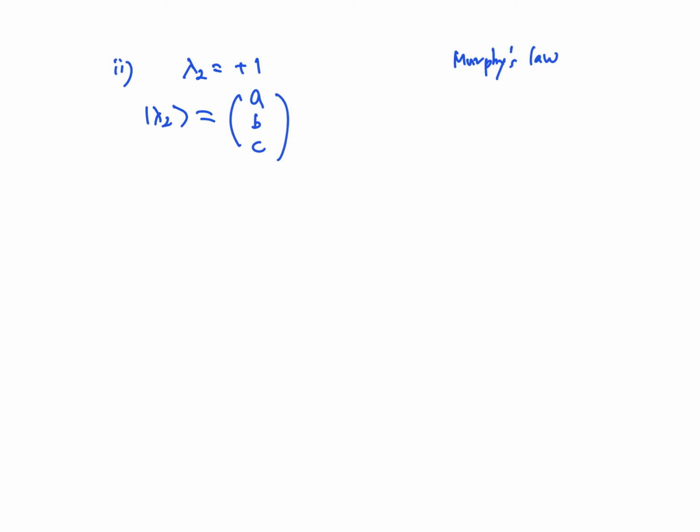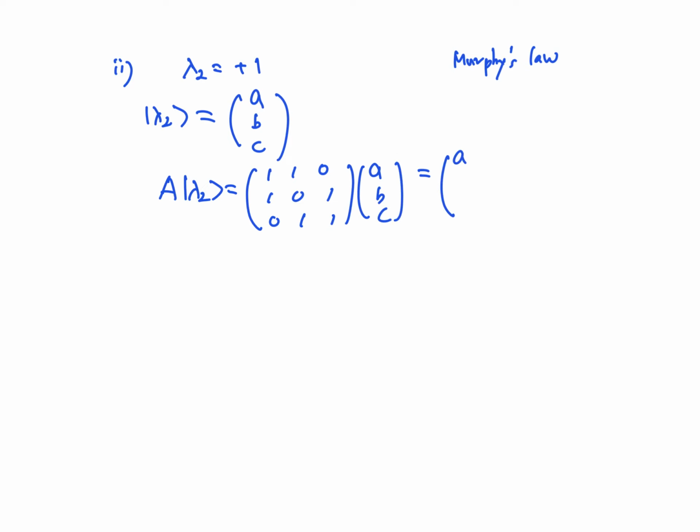ABC. Okay, good. It's A lambda 2, 1, 1, 0, 1, 0, 1, 0, 1, 1, A, B, C is equal to A plus B, A plus C, B plus C, A, B, C, right?